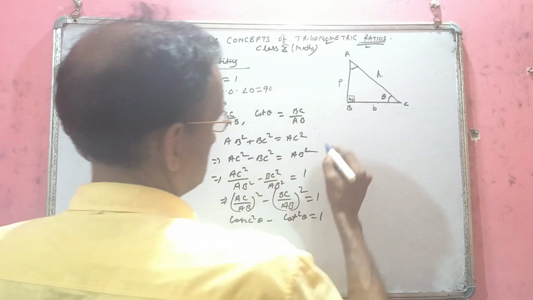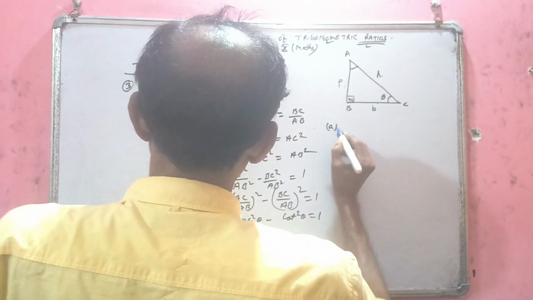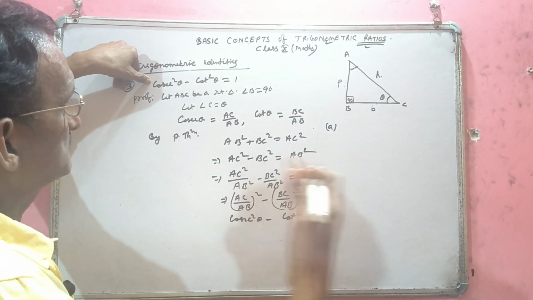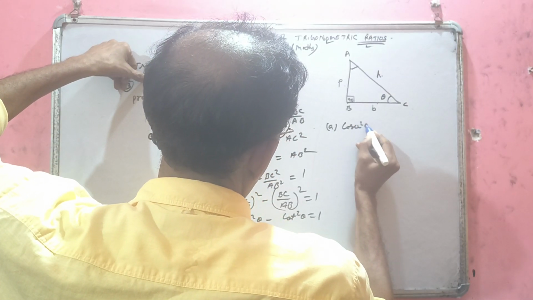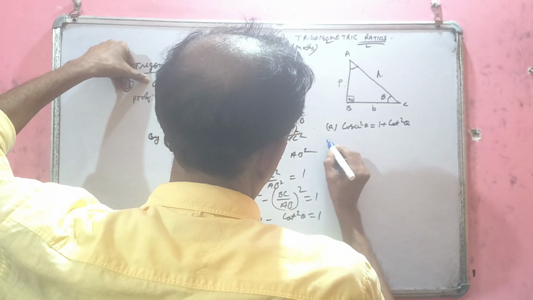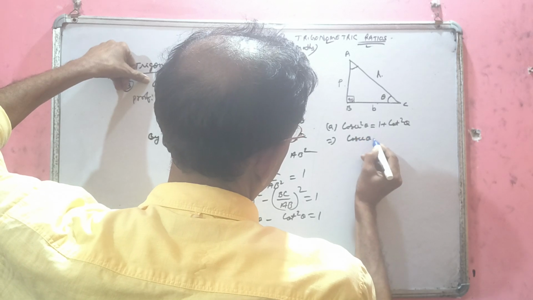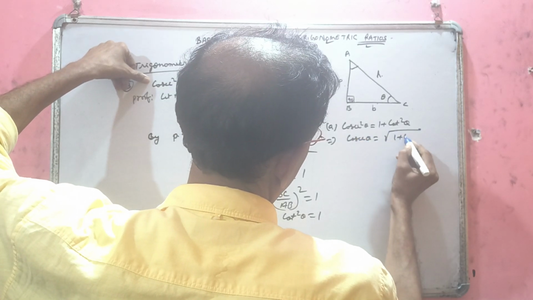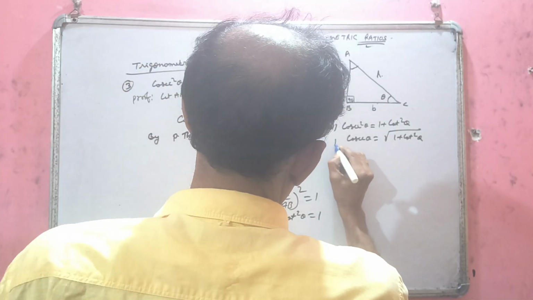And then again some corollary you can get from here. Suppose number A, you want to find cosec in terms of cot. So it can be written cosec square theta equal to 1 plus cot square theta. You want to remove the root sign, then cosec theta equal to under root 1 plus cot square theta. Okay.